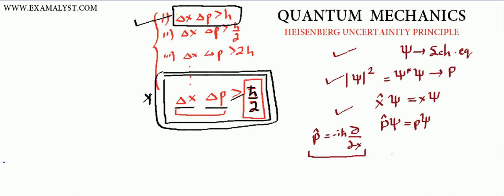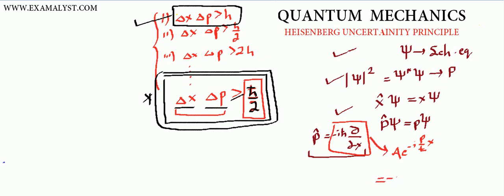So assume the wave function of a free particle, which we found as A e to the power minus i p by h cross x. So this is the wave function for a free particle. Now when you act this operator, i h cross del by del x, on this, what do we get?